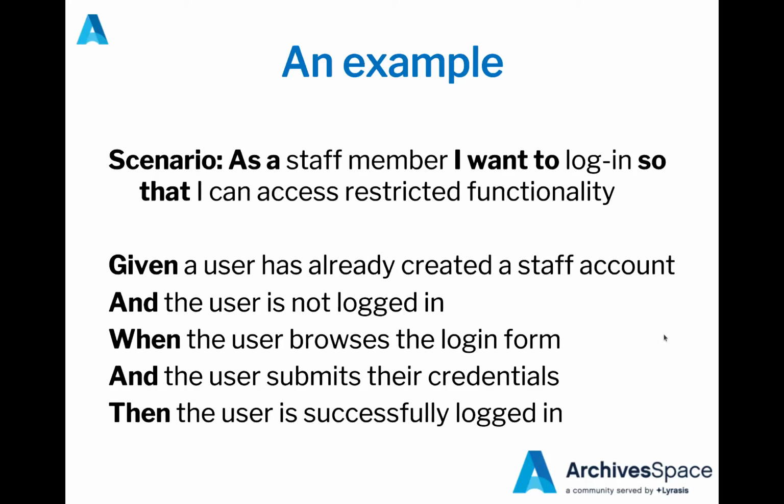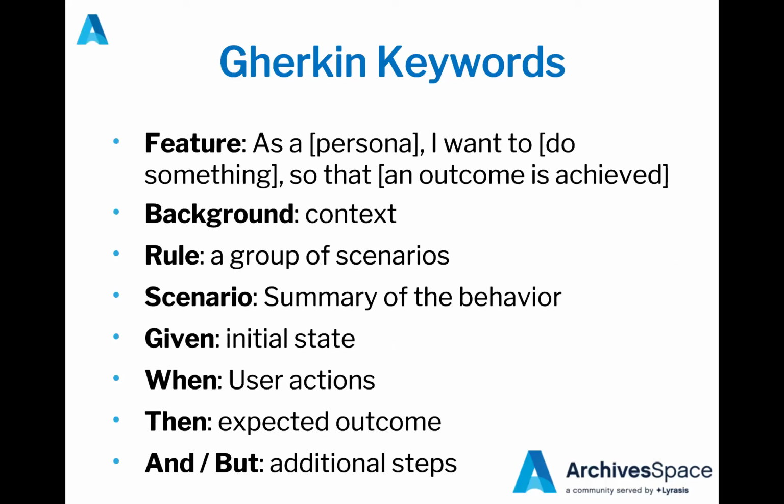Let's take a deeper look into this Gherkin language and some more of the keywords that comprise it. Starting with the feature keyword, we can have a general description of the feature request that usually can include many concrete behavior scenarios.